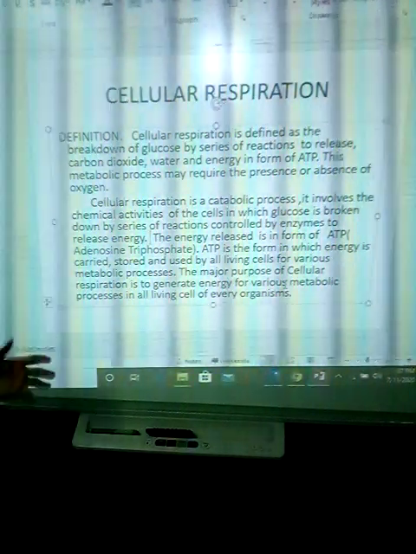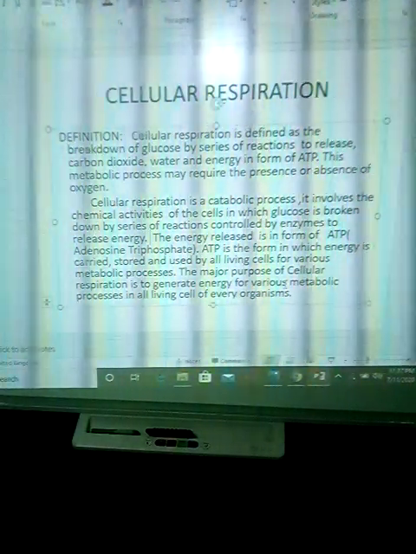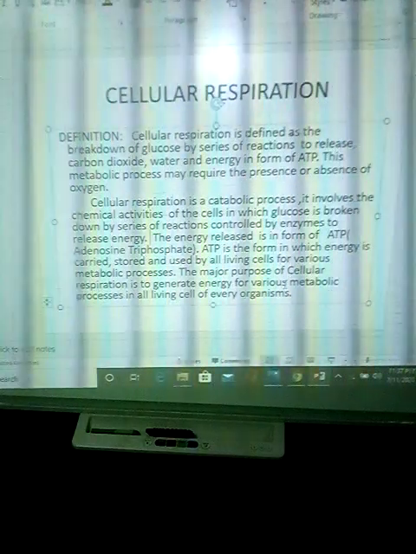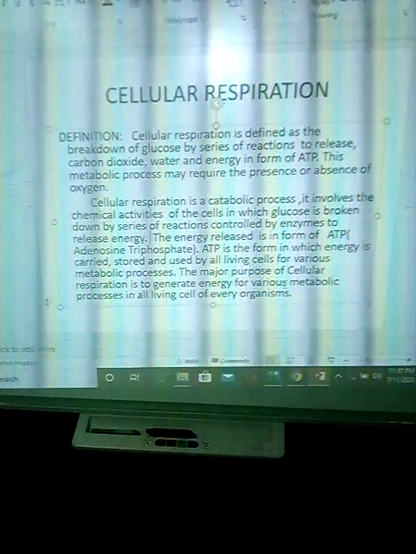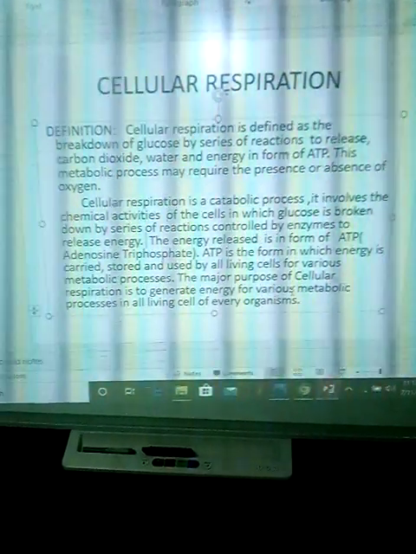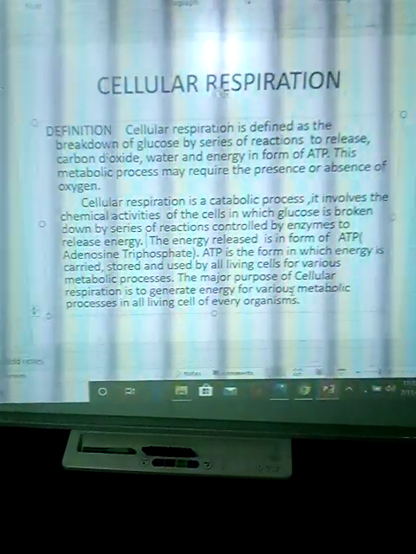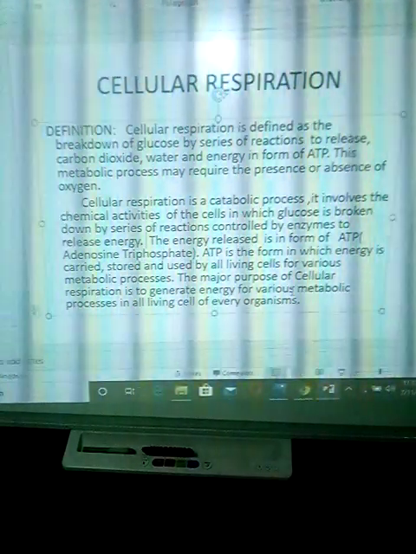So respiration is catabolic. It involves chemical activities of the cells, in which glucose is broken down by a series of reactions, a whole lot. I told you 10 different stages are involved.